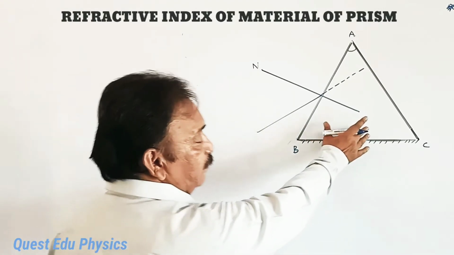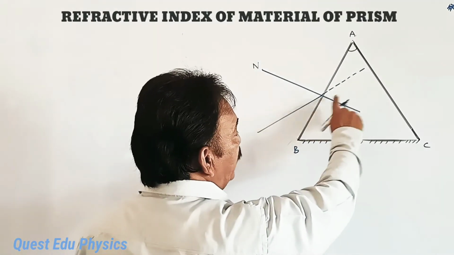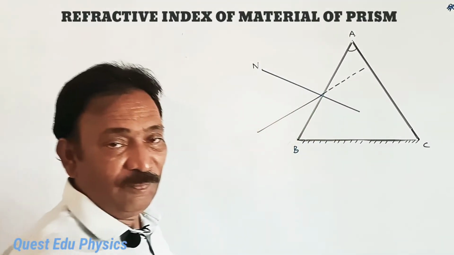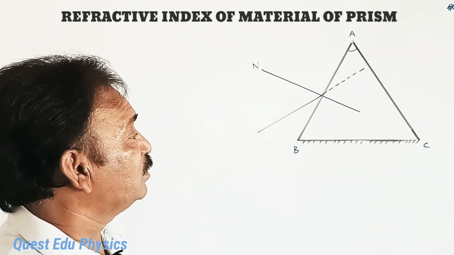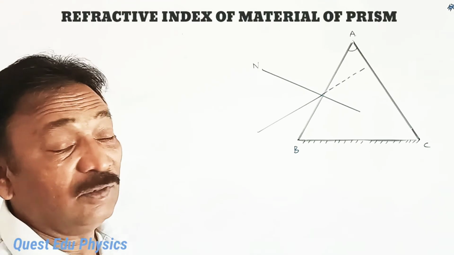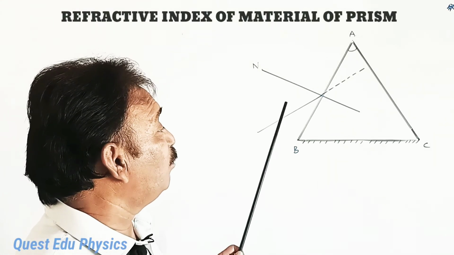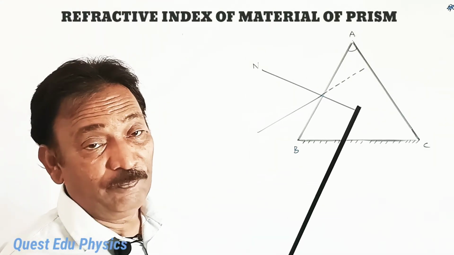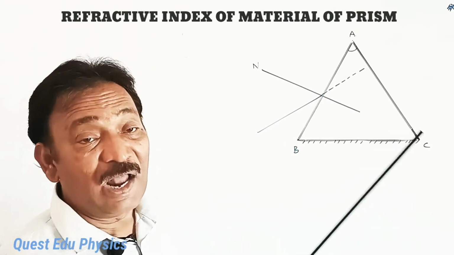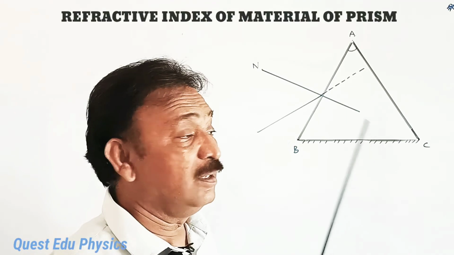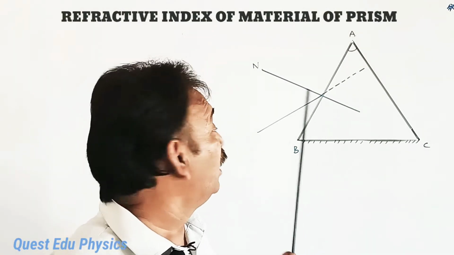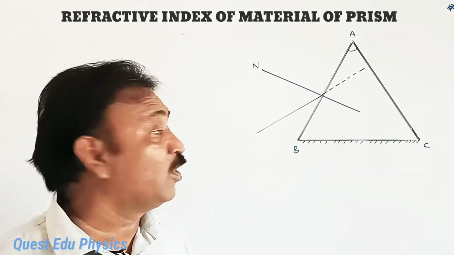This prism intercepted the path of the light ray. That's why it undergoes some deviation, students. And we learned that when light is passing from a rarer to a denser medium, it bends towards the normal, while learning about the laws of refraction.